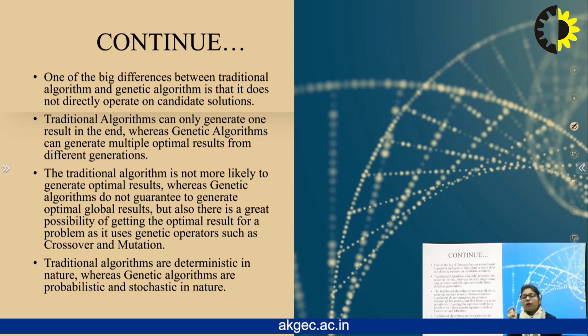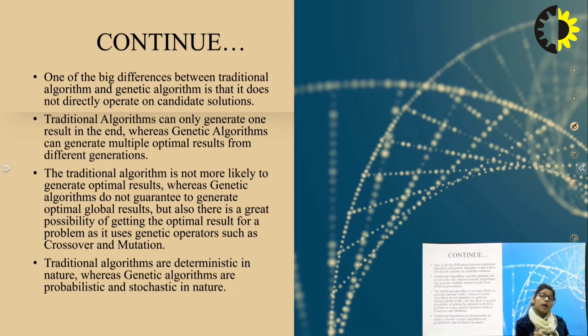If we change one bit of an offspring, then the solution is completely different. If we change another bit of that child, the solution is different. Because of that, a genetic algorithm can produce multiple solutions for a particular generation or offspring.